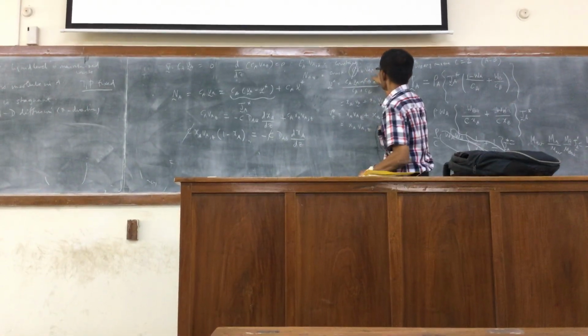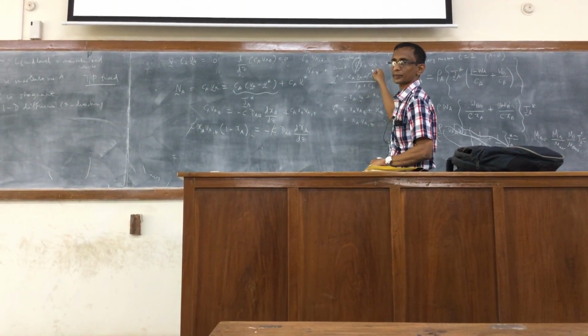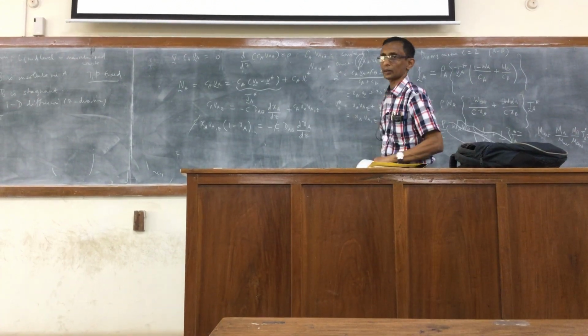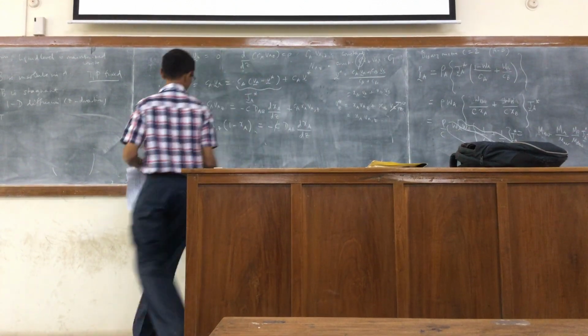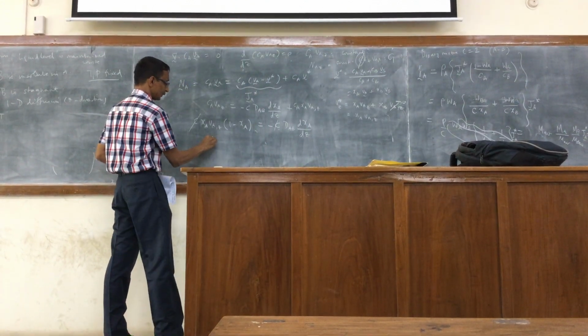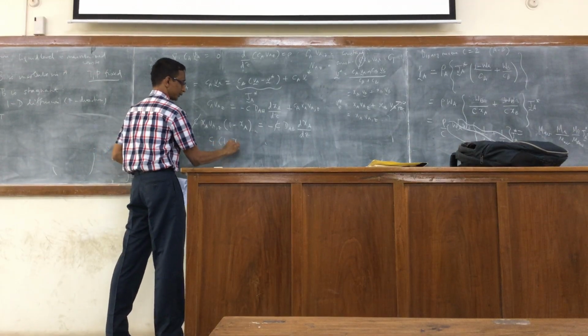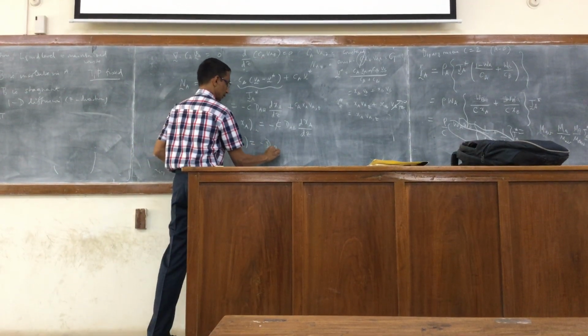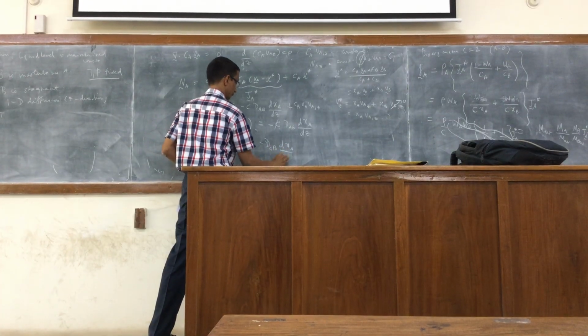So XA vAz is some other constant, which I will call C1. What I get here is that C1 times (1 minus XA) is minus C D_AB dXA/dz.